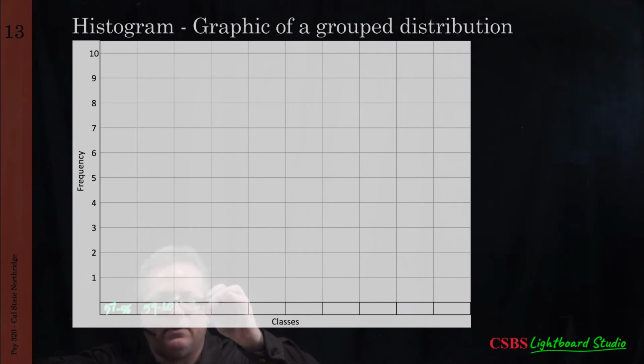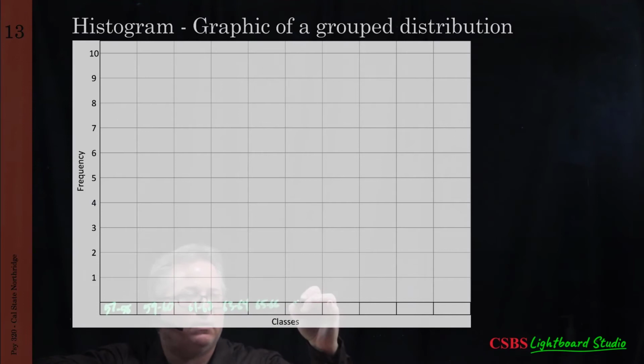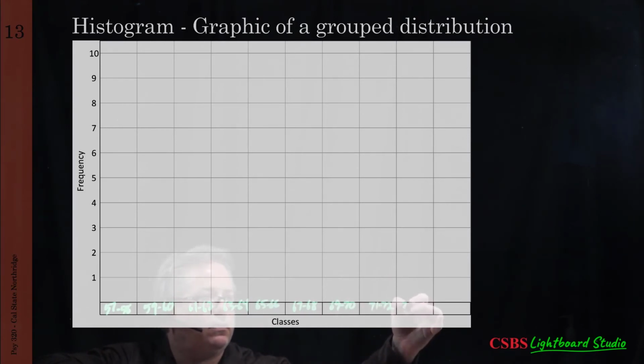The next one's 61 to 62. 63 to 64. 65 to 66. All right, 67 to 68. 69 to 70, 71 to 72, and then 73 to 74.